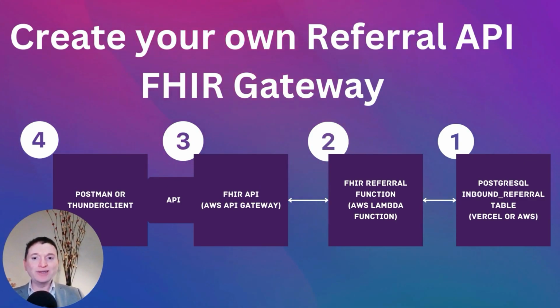All you have to do is deploy this using the zip deployment, using the link to the S3 provided in the LMS. Next, you will need to create an API trigger using API Gateway. Then we will test this using Postman with a sample FHIR payload I've provided in the LMS. Now, let me show you step by step.